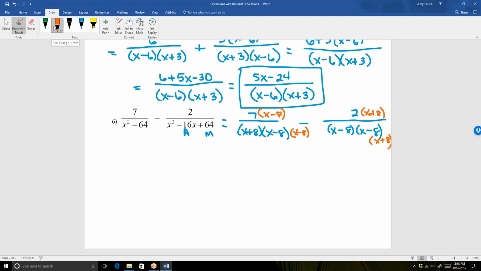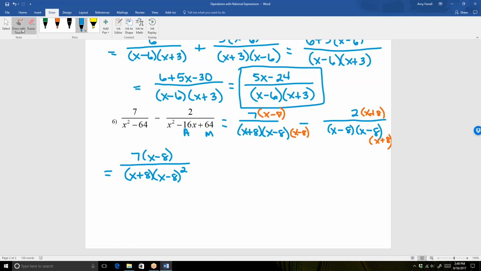All right, now I'm going to rewrite my problem with my common denominator. Again, I'm going to wait to distribute. I'm also going to, in an effort to save a little bit of space here, since I have two factors of x minus 8, go ahead and write that as x minus 8 quantity squared.